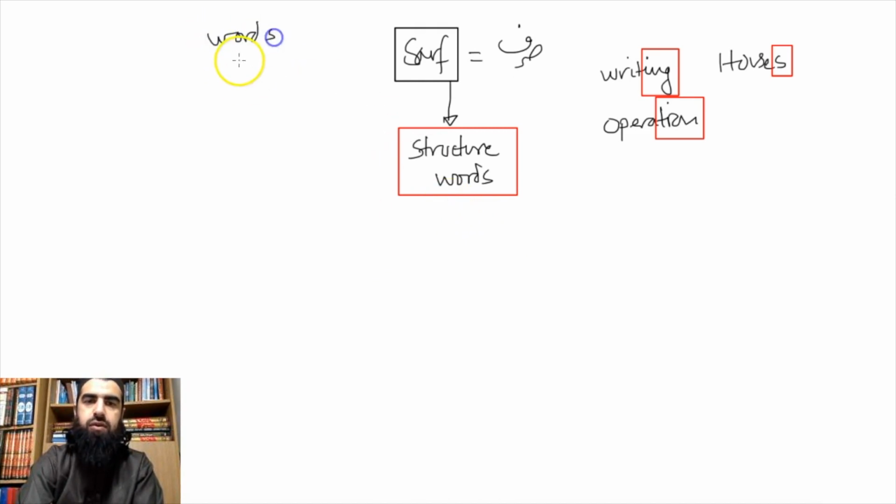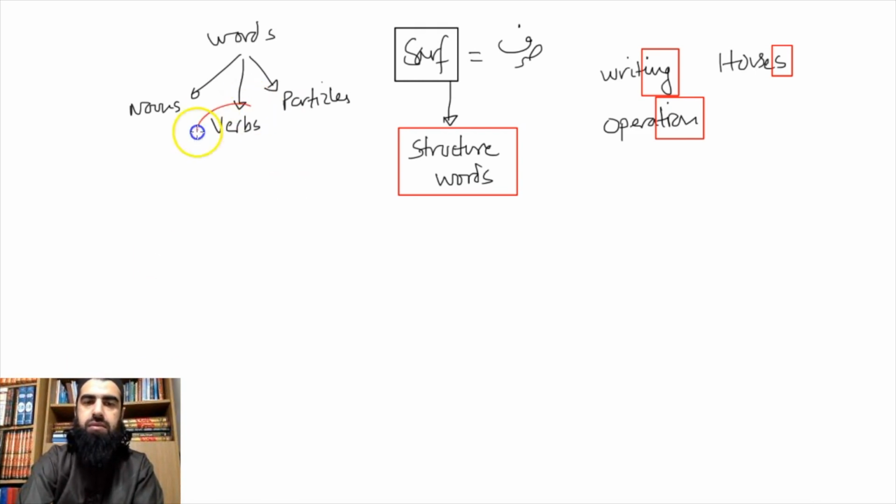So words in the Arabic language are of 3 types. You have nouns, verbs, and particles. Nouns are simply any word which has a particular meaning, which is the name of a person or a place.